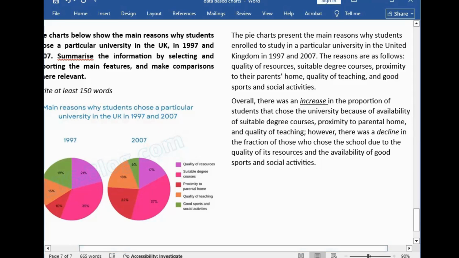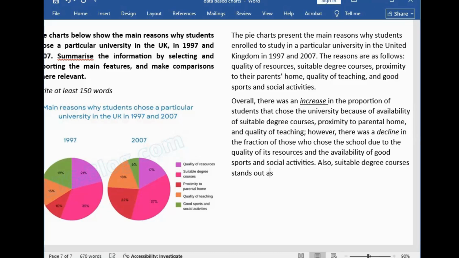Also, the suitable degree courses stand out as the most common reason for choosing the university.